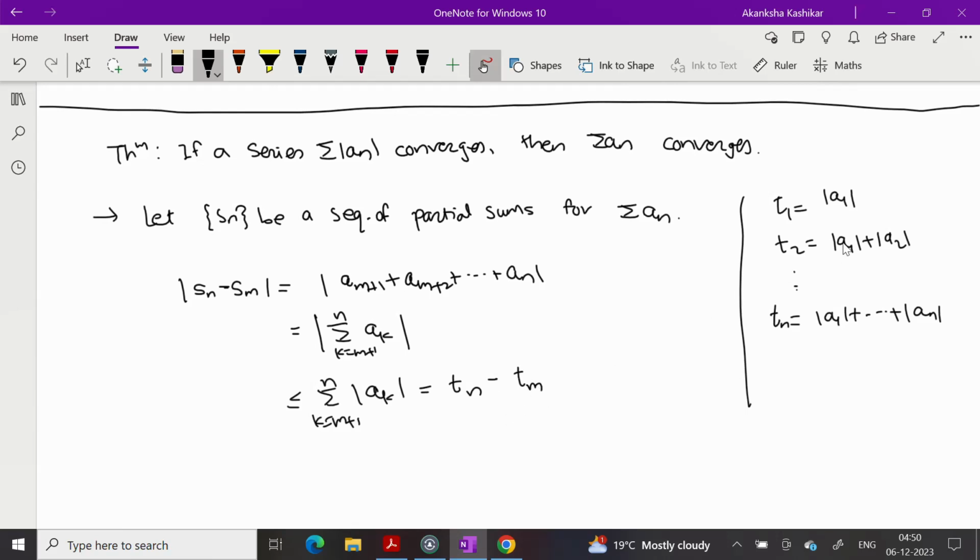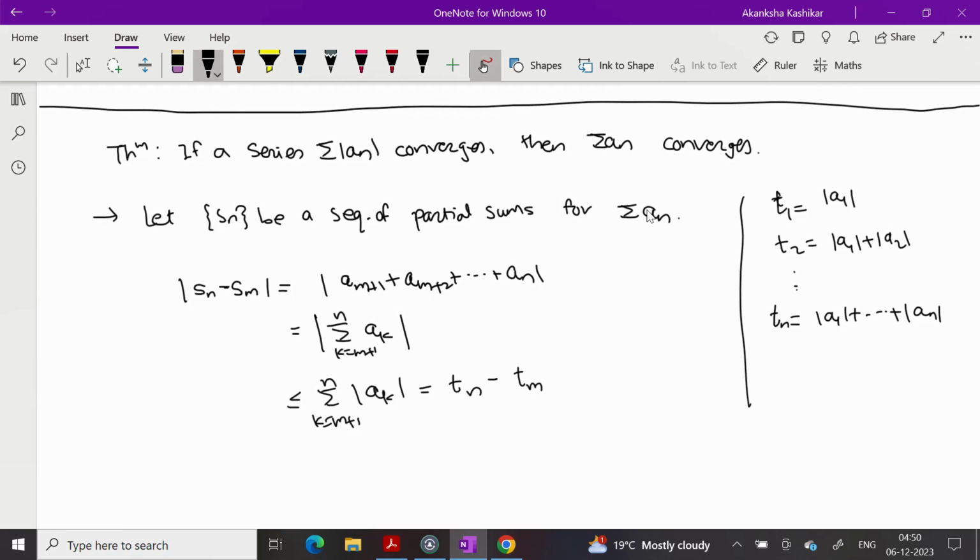Further, since Tn is a sequence of partial sums corresponding to a series of non-negative terms, because modulus is non-negative, it is an increasing sequence, hence Tn minus Tm is positive.